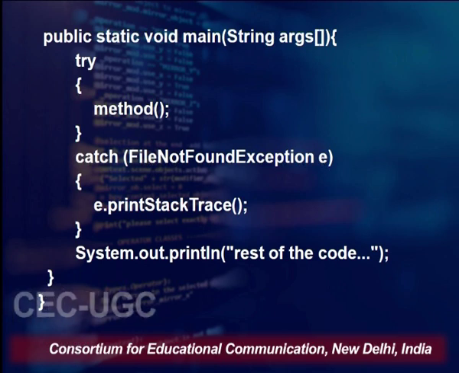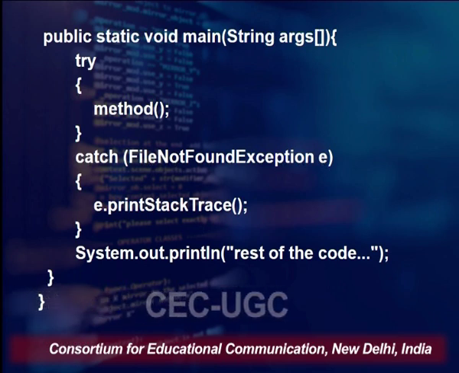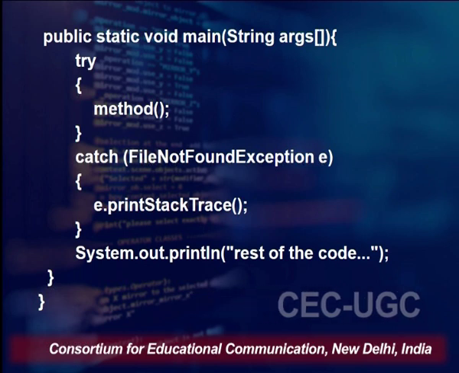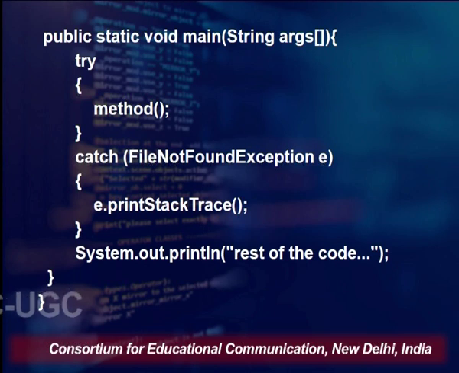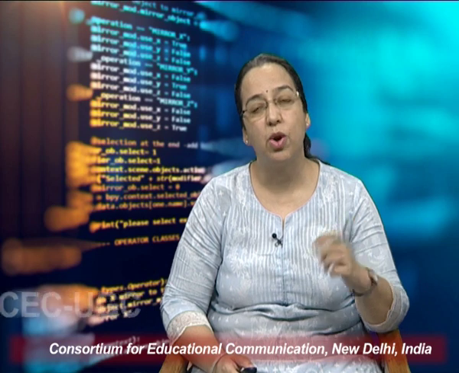Now what is going to happen here? Whenever this FileNotFoundException is raised by the function named method, first of all, execution starts from the main method within the try, and it calls the function method.